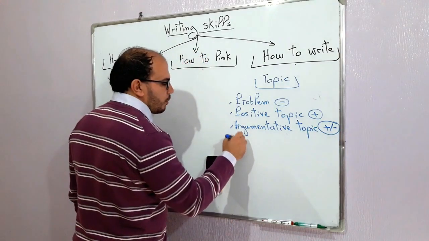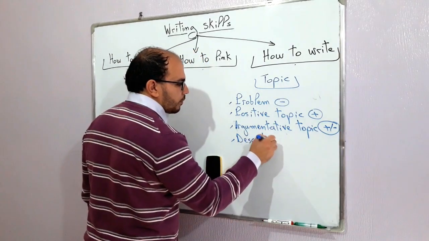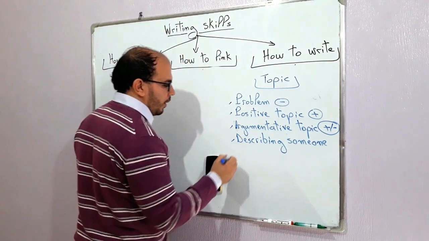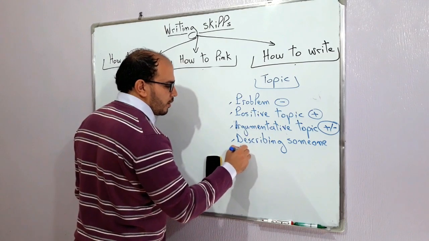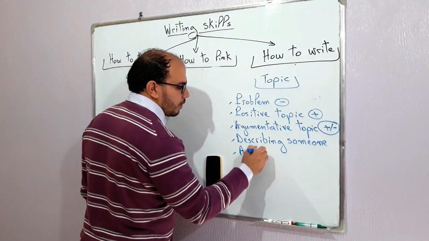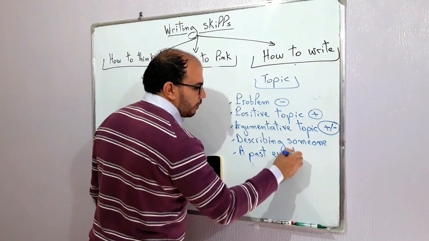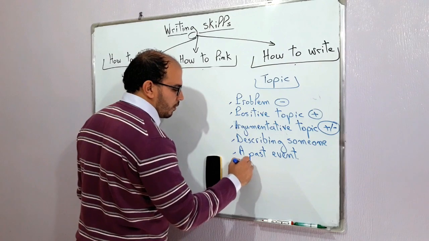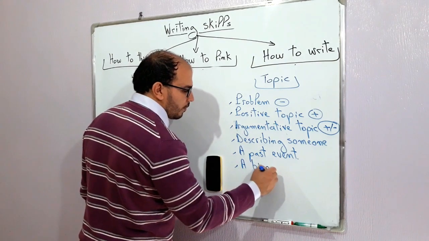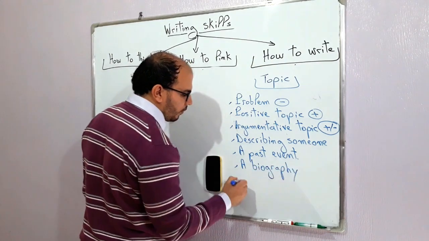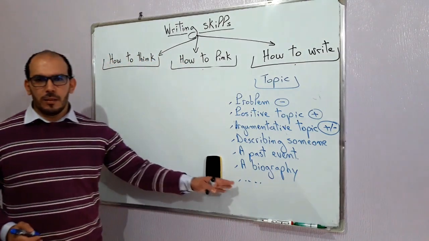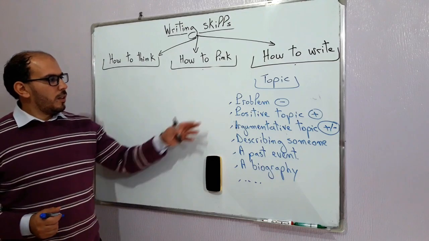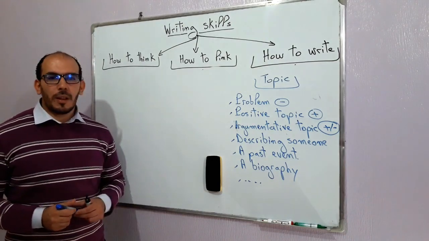I may have describing someone. I may have past events. I may have a biography. I may have other topics, but these are the most frequently repeated topics that I may have to write about.